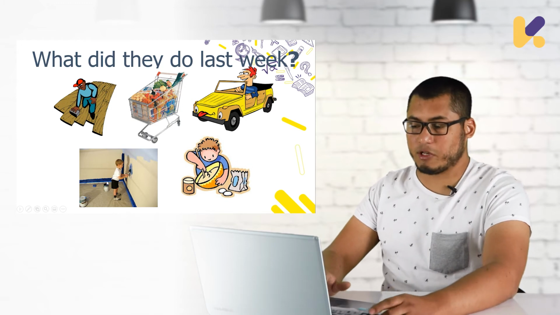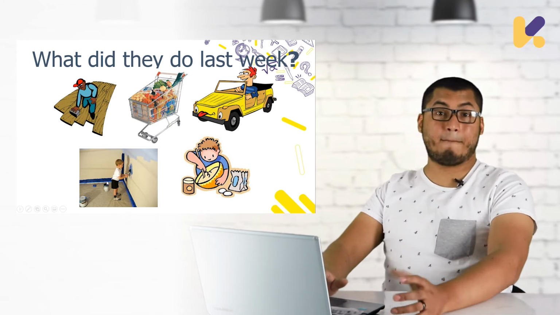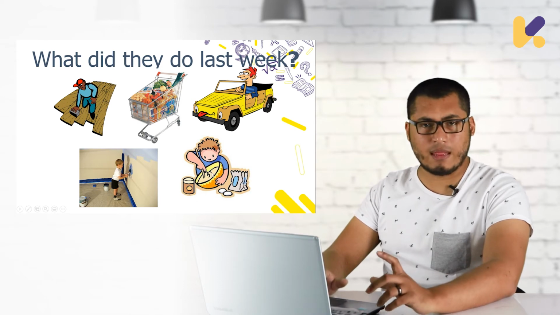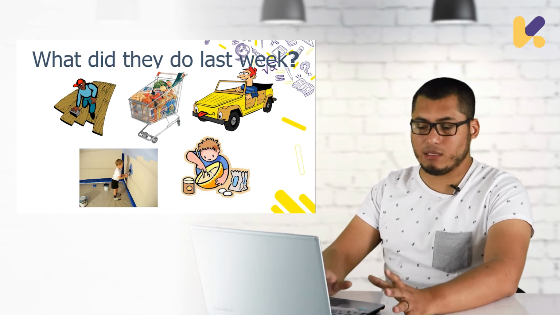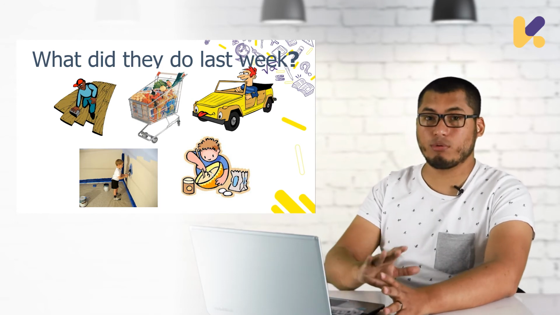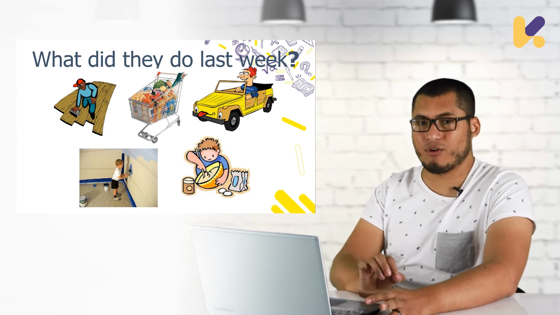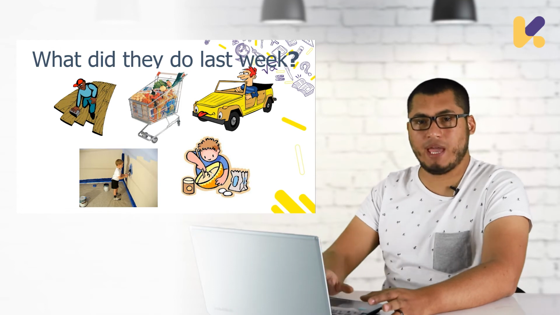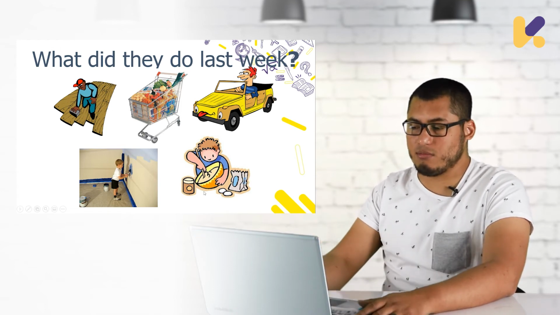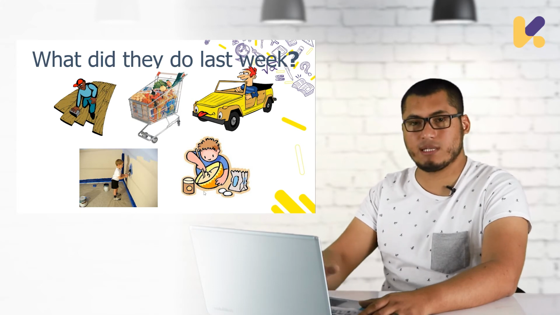This little boy over here on the left, he painted the wall. Look at the word painted. Painted comes from the word paint. Pero si yo lo quiero poner en pasado, como es un verbo regular, agrego ed al final y digo painted. And this guy over here, he made a cake. Hizo un pastel.